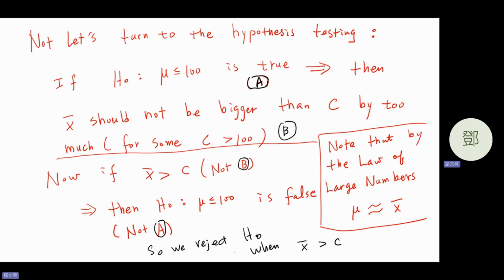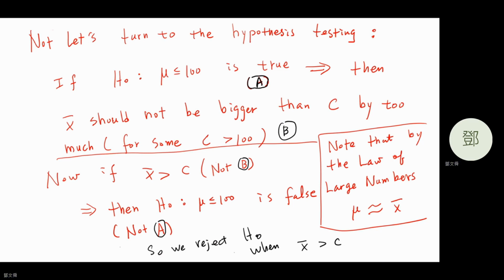Why? Because by the law of large numbers, mu and X bar are very close when n is large. So when mu is smaller than 100, so is X bar. X bar should also be smaller than 100, and it should not be bigger than C by too much, for some C bigger than 100.